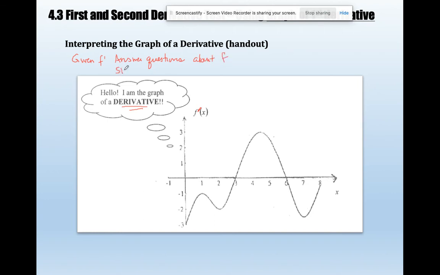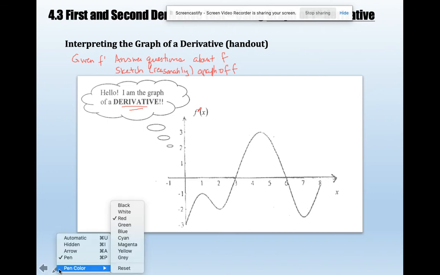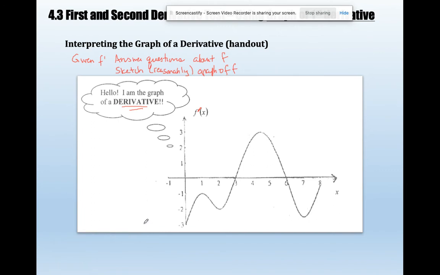And/or sketch a reasonable graph of f. All right, so again, I'm not paying attention to the questions just yet. Here's what I notice. I notice where the first derivative is equal to 0. I notice I have endpoints.